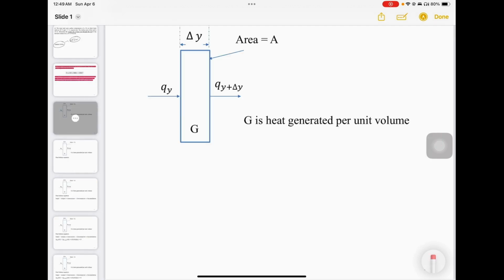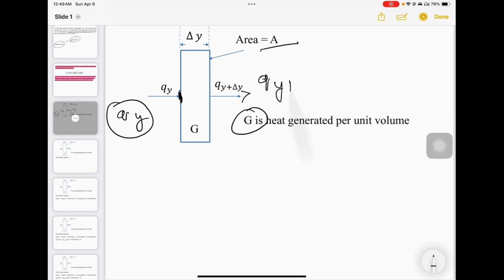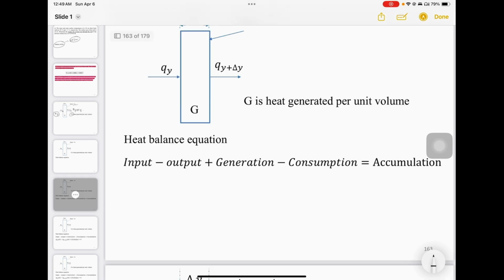Now, to find the heat generated per unit volume denoted by capital G, we need to know the heat traveling through a plate of area A from this side would be Qy, which is the heat flux, and from output it would be Qy plus delta y.